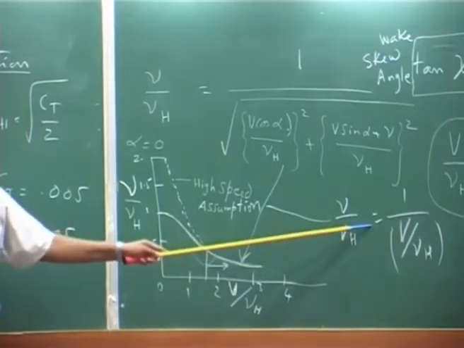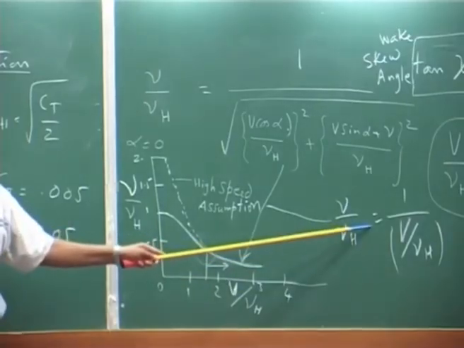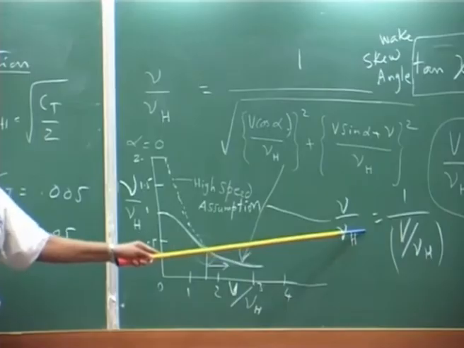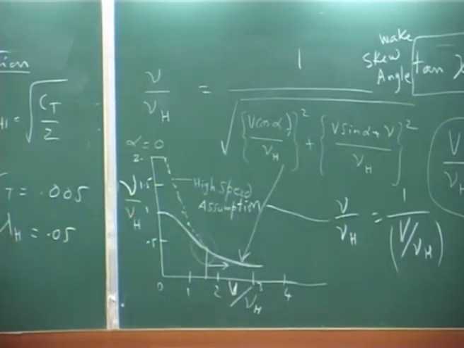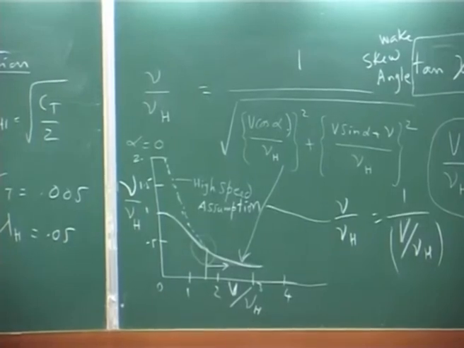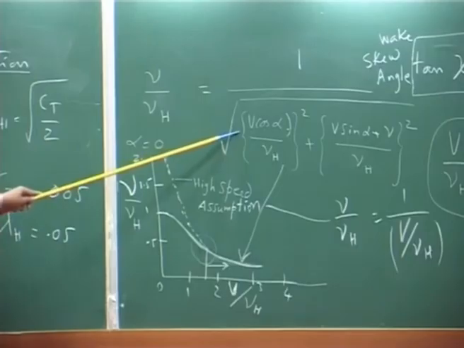This expression is the same as this expression. Same means they give almost the same values. Is it clear? See, this is exact as far as the momentum theory is concerned.